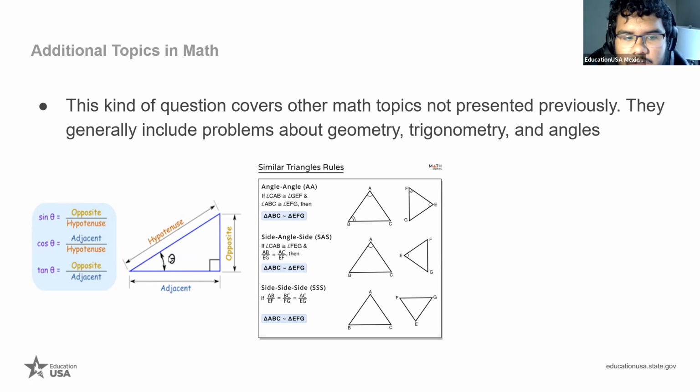The cosine of angle theta is the length of the side that's adjacent to the angle theta, right here, divided by the length of the hypotenuse. So it's like the counterpart to sine. And tangent's a little different here. It's defined by the length of the side that's opposite angle theta divided by the side that is adjacent to angle theta.